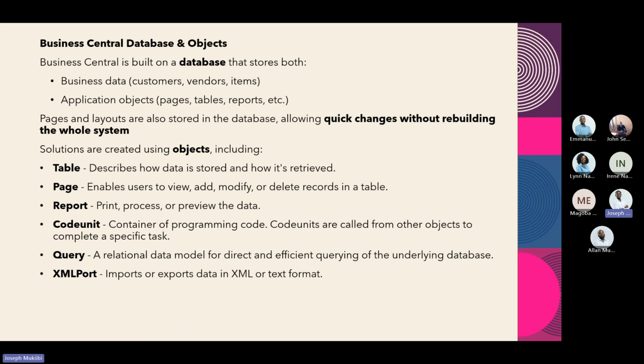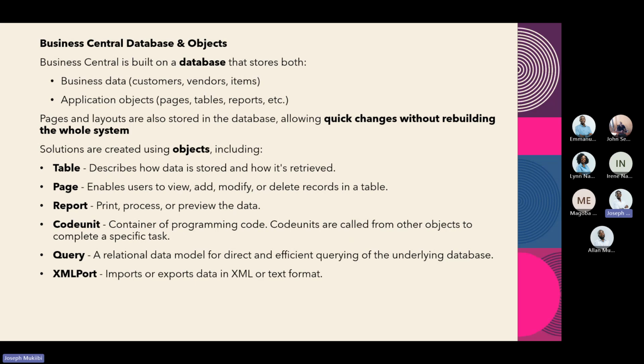Now we're going to look at AL and the objects basically. Business Central is built on one database that stores both the business data, which can be customers, vendors, items, and also the application objects, which can be pages, tables, and reports.